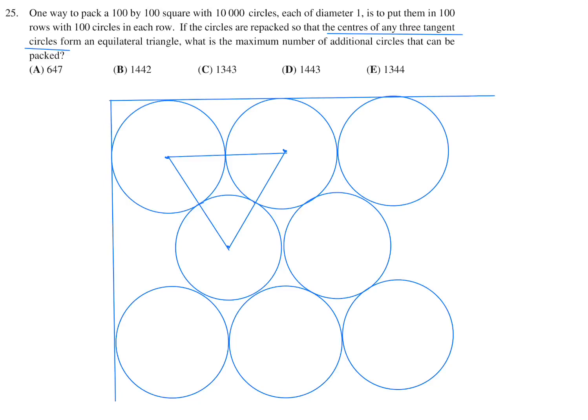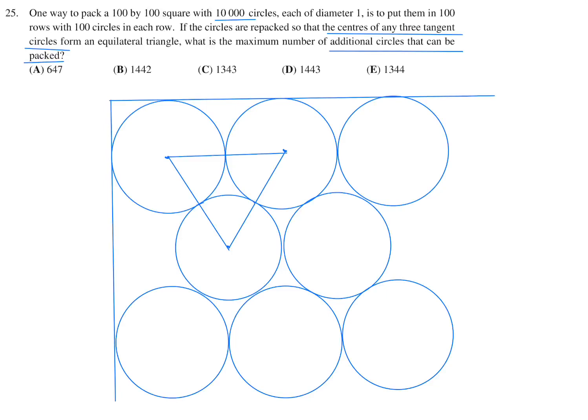Then they're saying, when you do this, how many additional circles can be packed? So initially we packed 10,000. By doing it this way, we're going to be able to pack more circles. All right, so how do we approach this question?